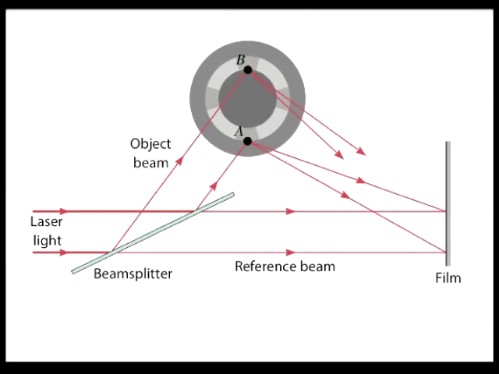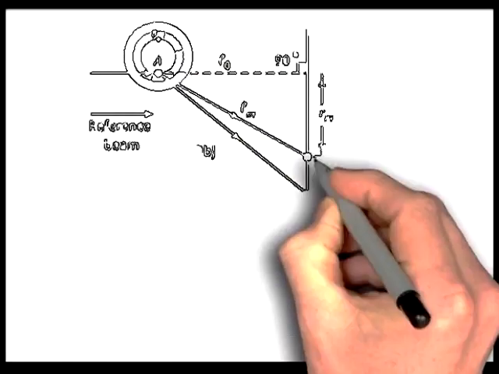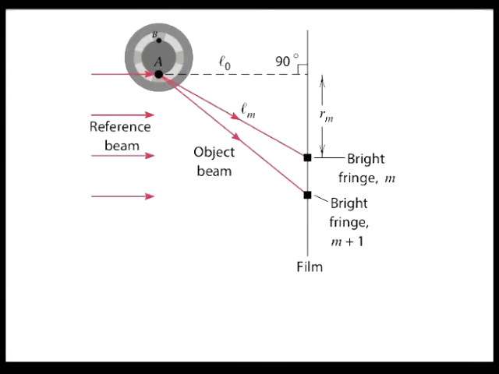To explore in greater detail how a holographic interference pattern arises, we consider only the reference beam and the light of wavelength lambda coming from point A on the chess piece. As we know from section 27.1, constructive interference between two light waves leads to a bright fringe. It occurs when the waves, in reaching the film, travel distances that differ by an integer number m of wavelengths.